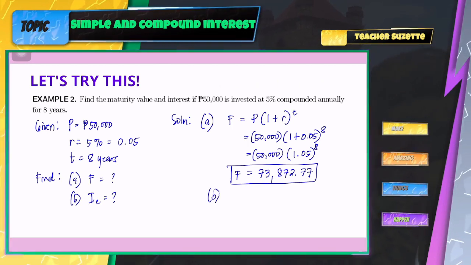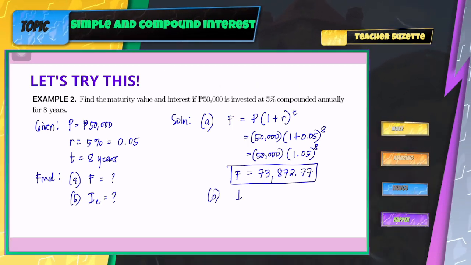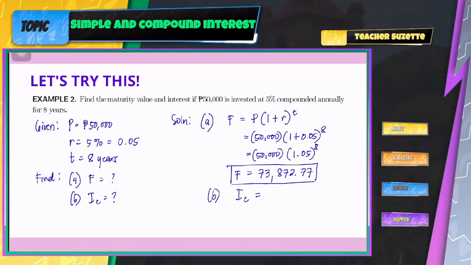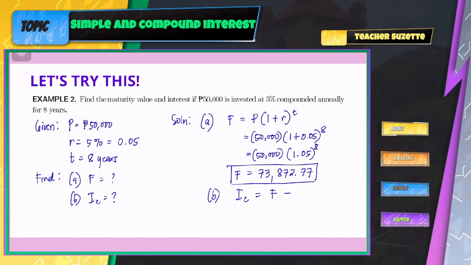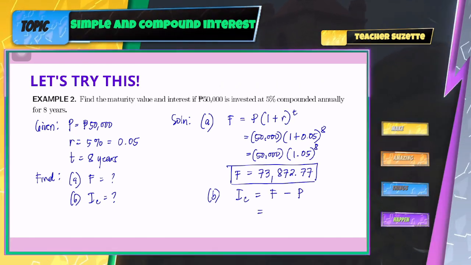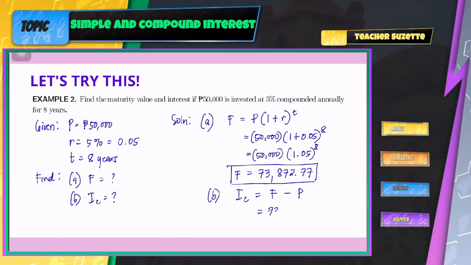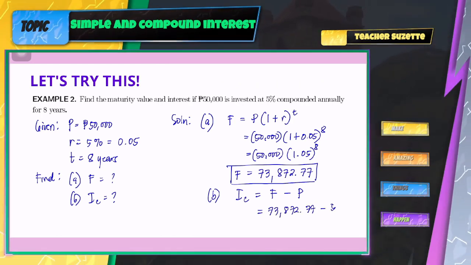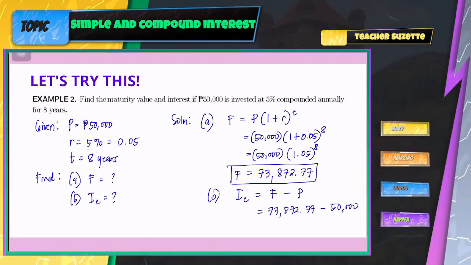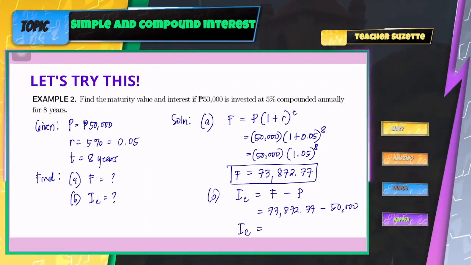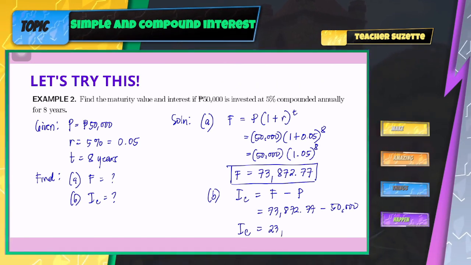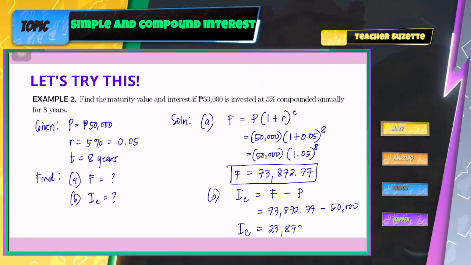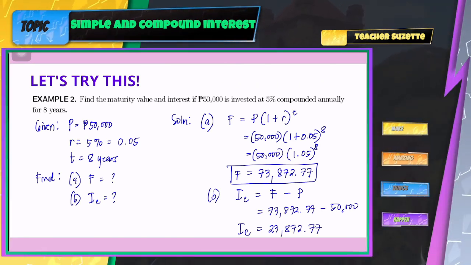Next, for our compound interest. Using the formula, compound interest is equal to future value minus our principal amount. So that is 73,872.77 minus 50,000. So you will have an answer which is equal to 23,872.77.